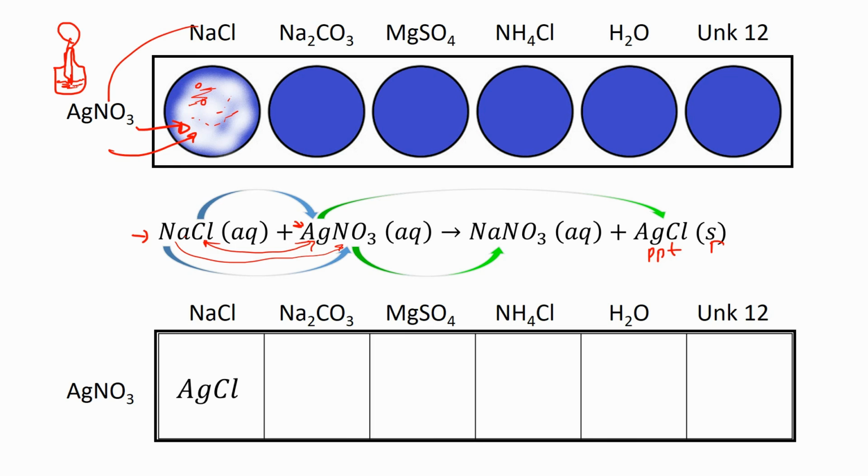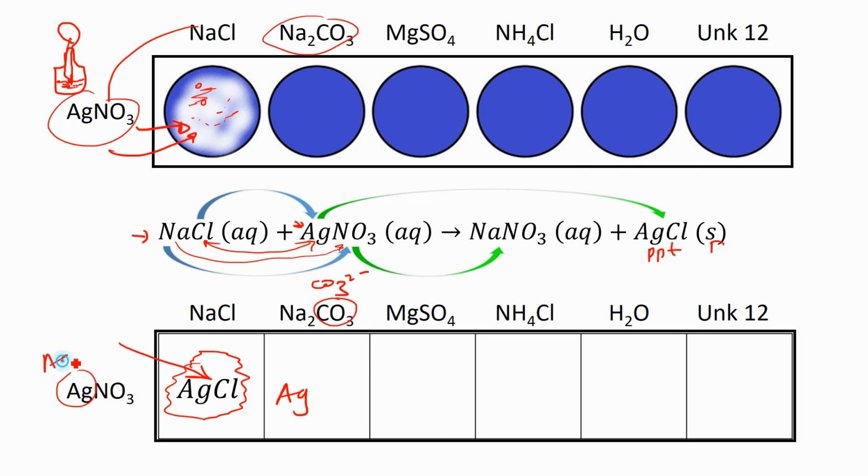So do the same thing for the second table in your chart, in your asynchronous assignment. That's how you record silver chloride down there. So you do the same thing for sodium carbonate and silver nitrate. You should get silver taking the carbonate. Remember, carbonate is CO3 2 minus, silver is Ag plus.